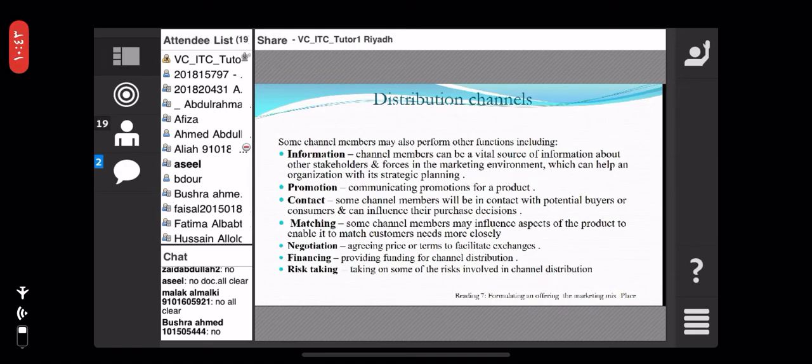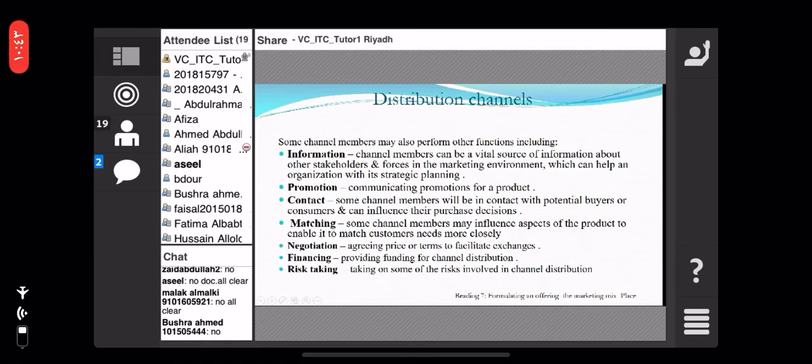B is Carrefour, whereas C is the customer, any customer. So Banda or Carrefour basically have information, promotion, contact, matching, negotiation, financing, and risk taking.